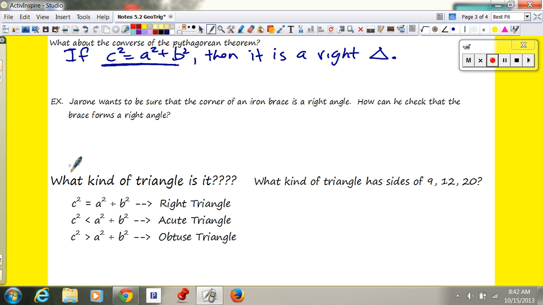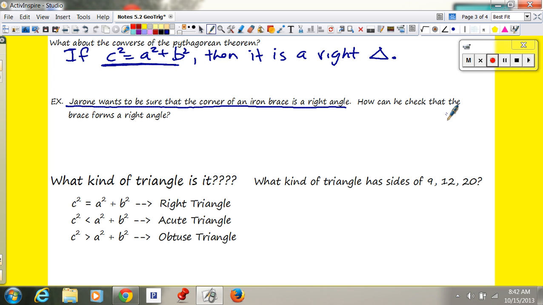Okay, so Jerome wants to be sure that the corner of an iron brace is a right angle. How can he check that the brace forms a right angle? What would he need to do to make sure that he's got a right angle when he's measuring his sides and stuff?